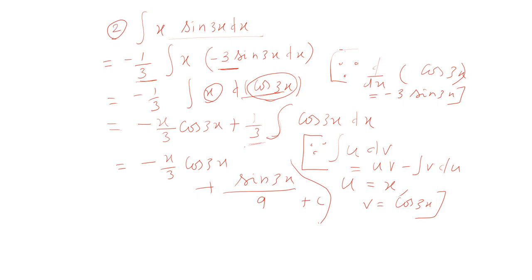Integral of cos 3x is sin 3x by 3; in derivative I have into 3, in integral I have to divide by 3, so that 3 gets cancelled. Already one 3 is there, therefore 3 into 3 gets reduced to 9. That is the final answer.